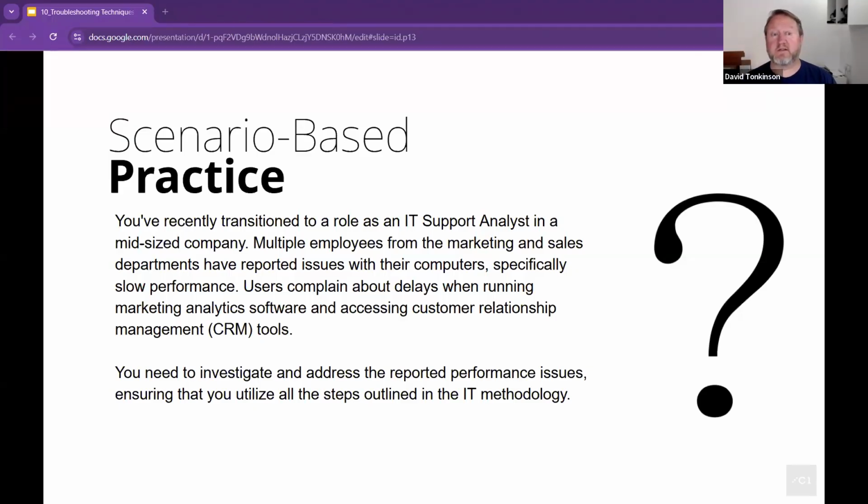Anyone got any questions about that scenario-based practice? Thank you very much. We had some great ideas in there. Thumbs up if you're all good with the scenario base.